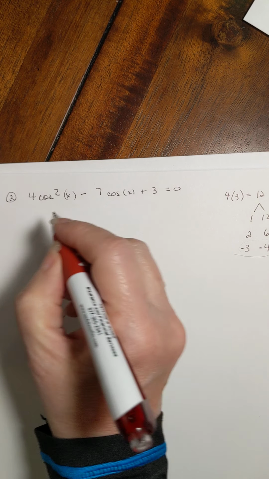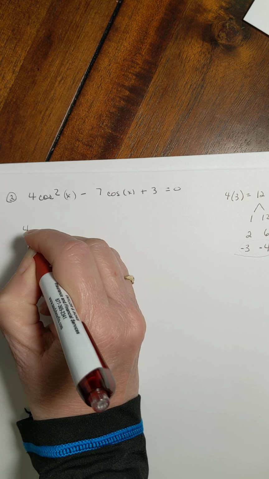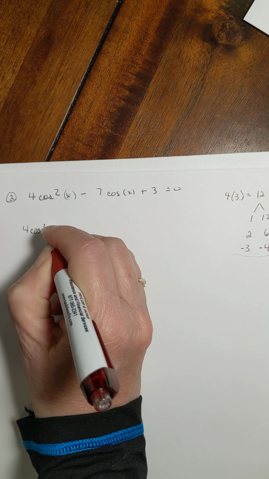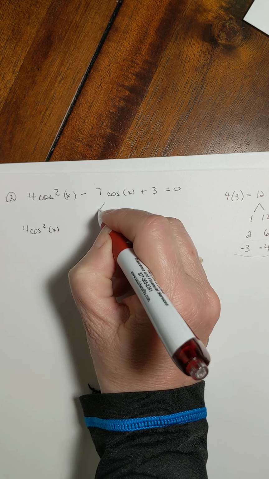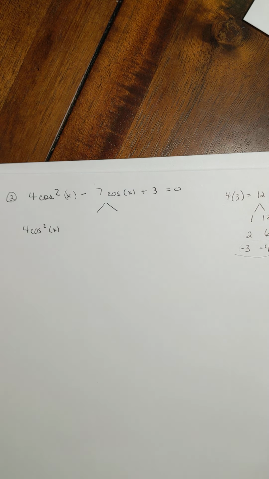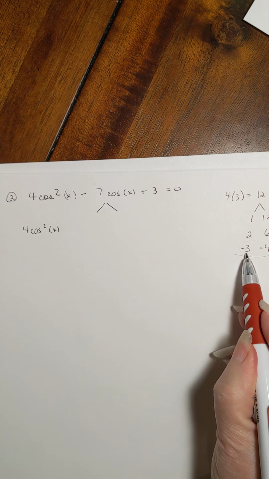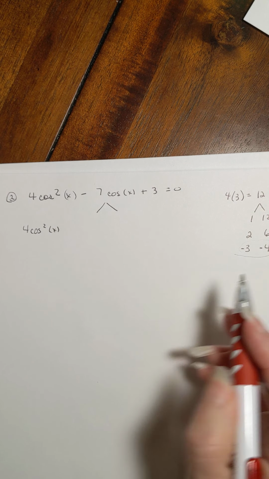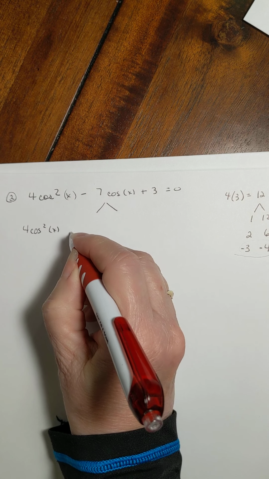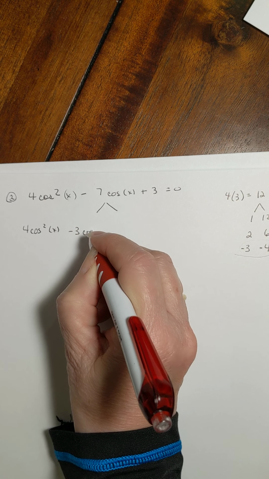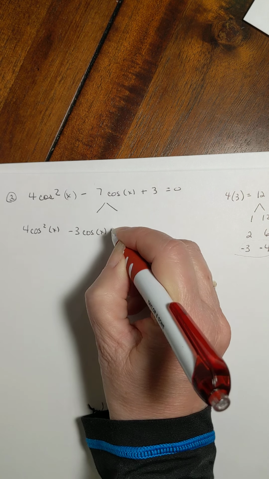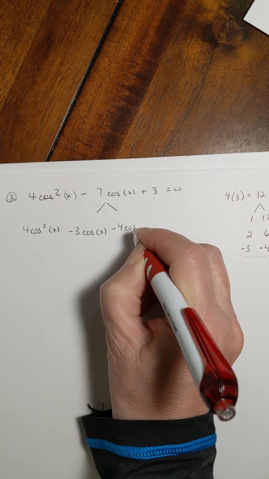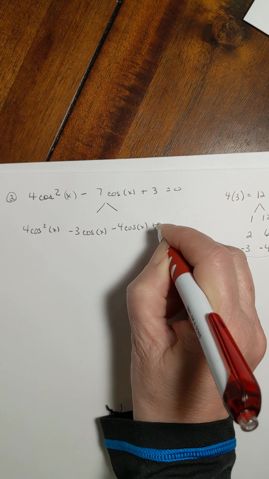And so now I'm going to rewrite the first term. I'm going to split the 7 cosine of x into negative 3 cosine of x and negative 4 cosine of x. So 4 cosine squared of x minus 3 cosine of x minus 4 cosine of x plus 3.